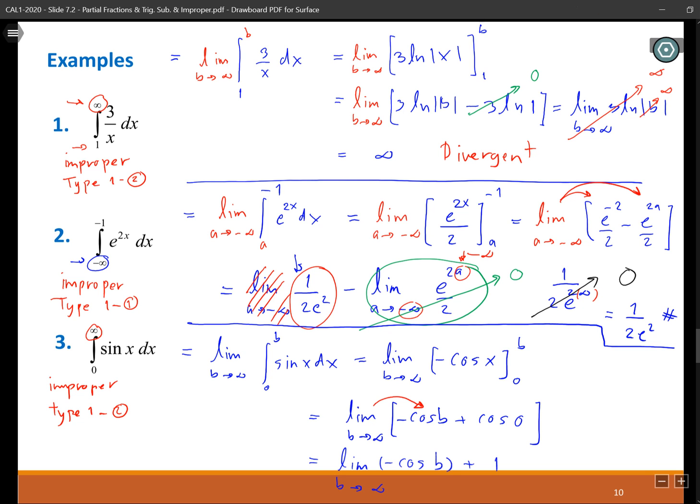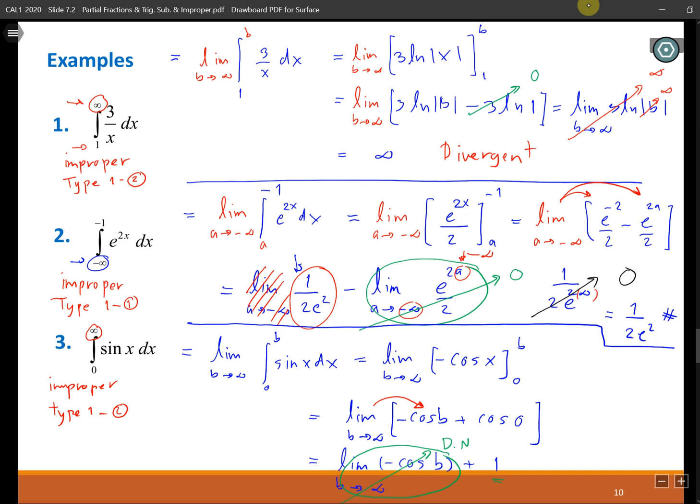There is no problem with the 1 here, but this term is a problem because, as you know, cosine oscillates. It doesn't converge to any value. So we don't know what the limit of this term is. This limit does not exist.